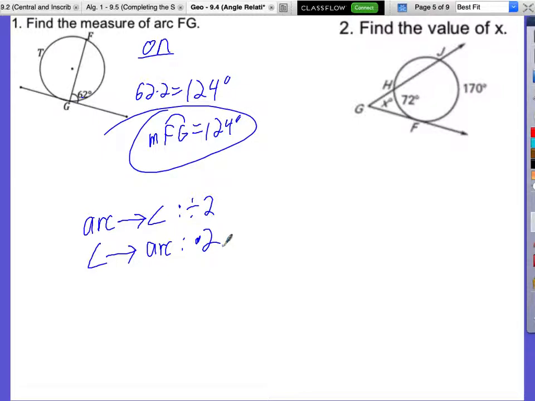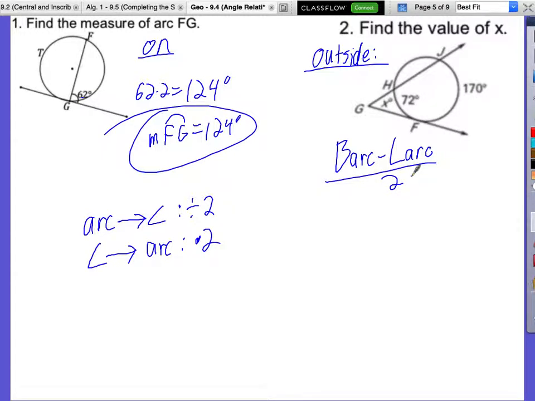Okay. Anyway, next one. Where is our vertex here? On the outside, okay? So what do we do when our vertex is on the outside? Big arc minus little arc over 2. I love big arc minus little arc over 2. Okay?